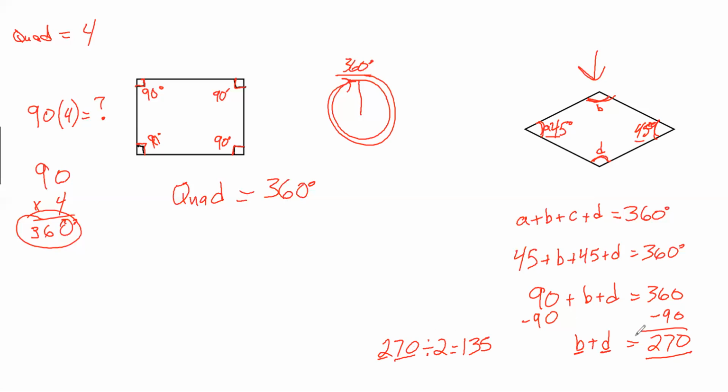So B and D is 135 degrees for each of these angles. And so that's how we can solve the inside angles of a quadrilateral. And you look at these and you know that these are obtuse angles because they're bigger than 90 degrees. So B is greater than 90 degrees. D is greater than 90 degrees.